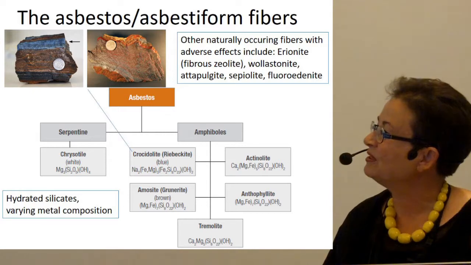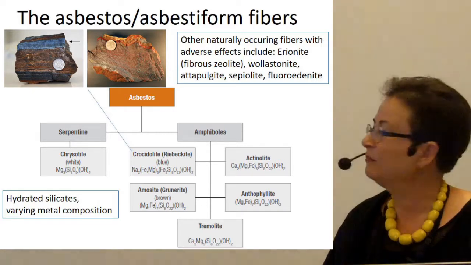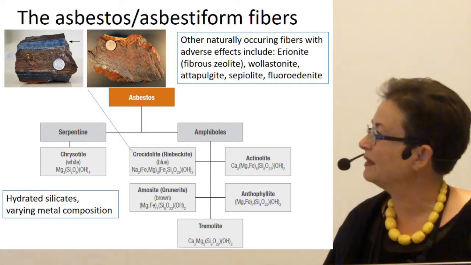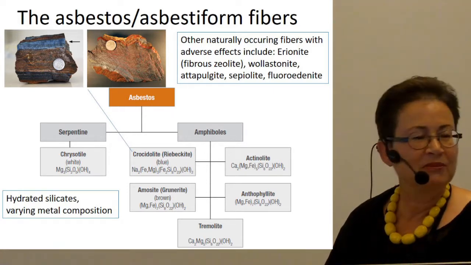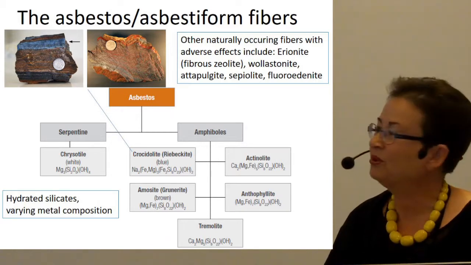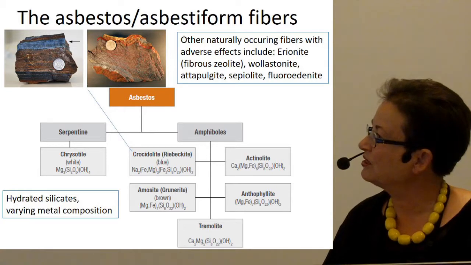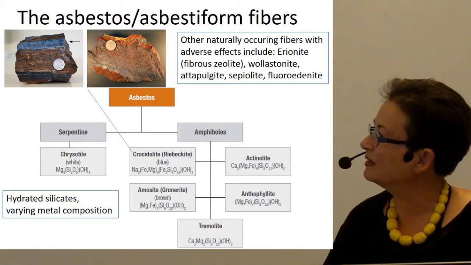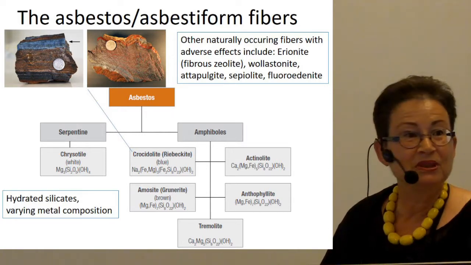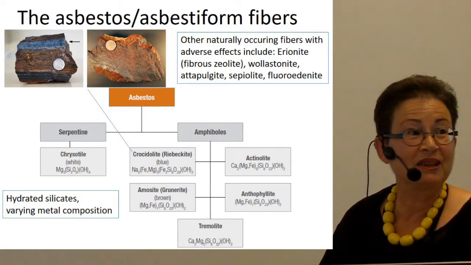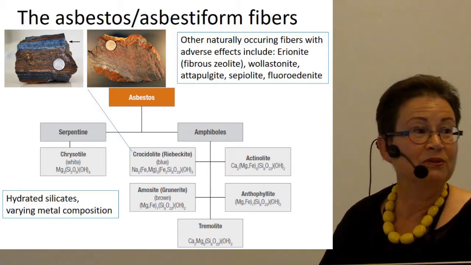These minerals are hydrated silicates with varying metal composition. So they are all silicates, but they vary in chemical composition. And what's important to know is that when a mineral occurs, such as riebeckite, it can be in a fibrous form, which is what we usually call crocidolite, but it can also be in a non-fibrous form.